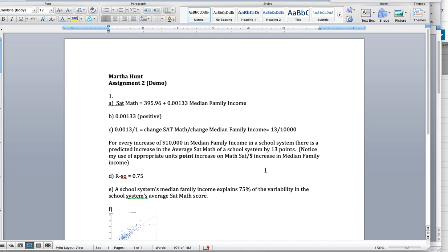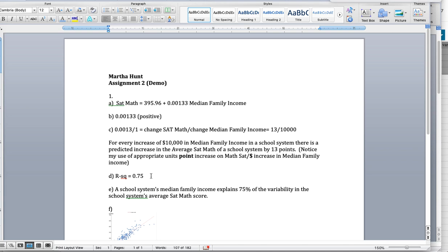Notice I used the appropriate units. The change in Y is points on an SAT score, and the change in income is dollars, increases in increments of $10,000.